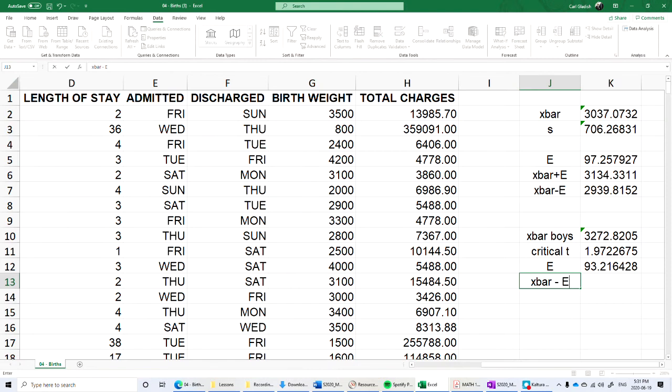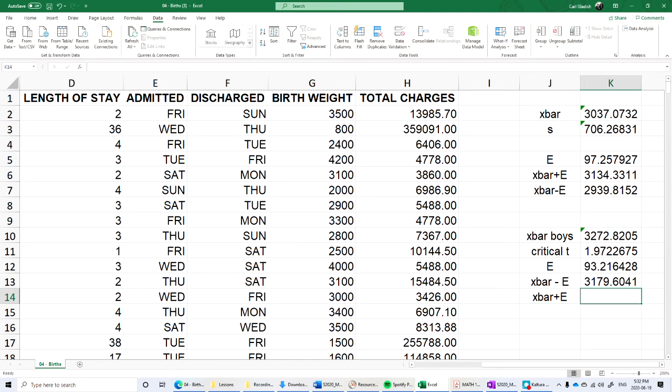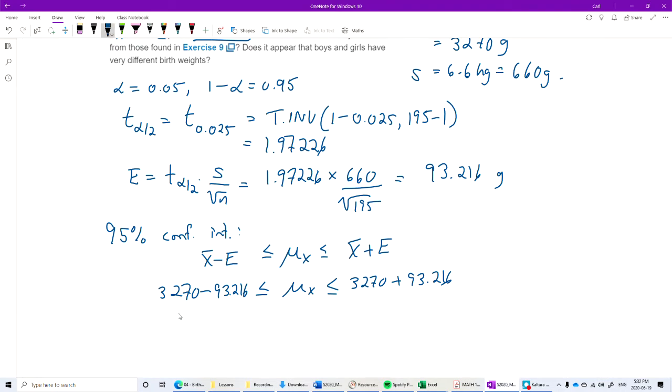X bar minus E, K10 minus E, which is K12. X bar plus E, K10 plus K12. 3366.0.